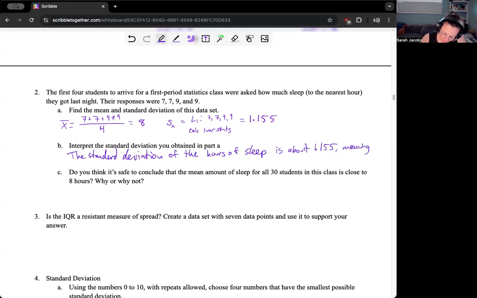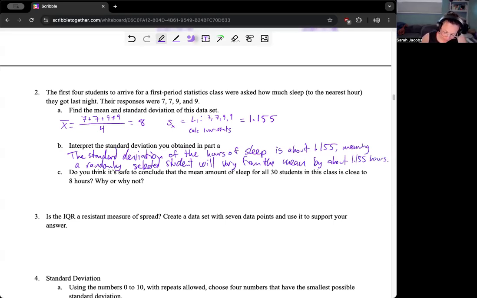Meaning a randomly selected student will vary from the mean by about that. Sure, let's say that. Randomly selected student will vary from the mean by about 1.155 hours. I don't know what that letter is, but it's not a letter we use.